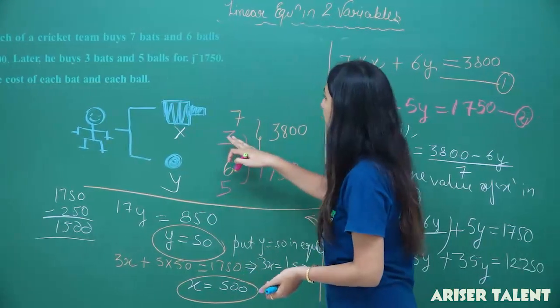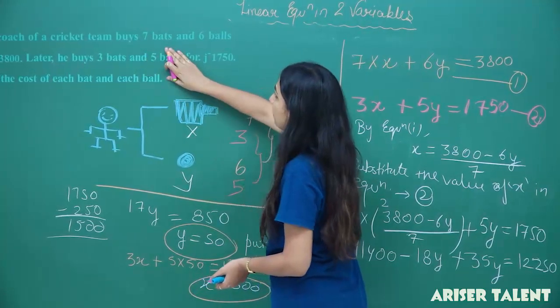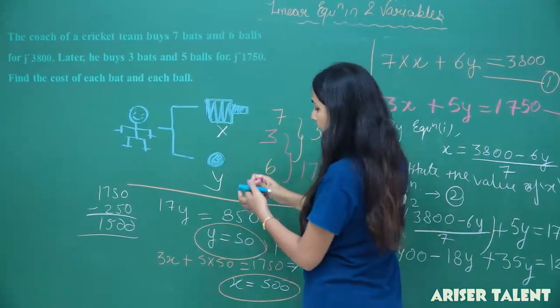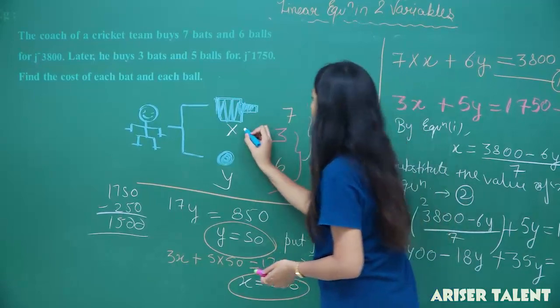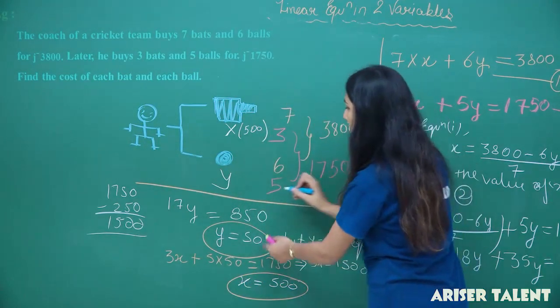Now how to check? The question said that the team buys 7 bats. Now x, this value, we found is 500, and y is 50.